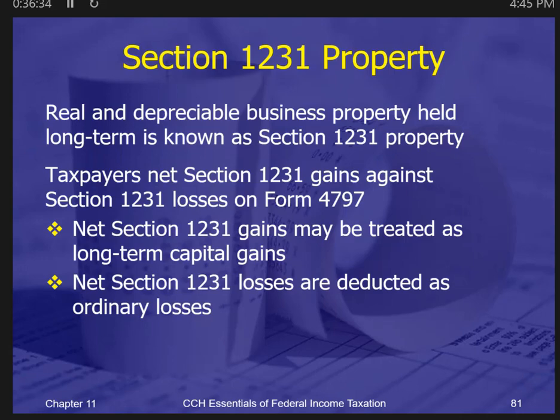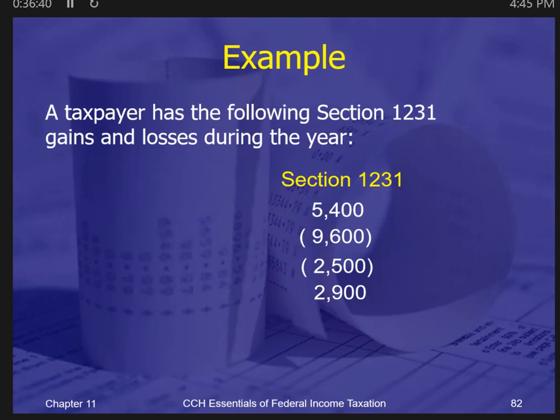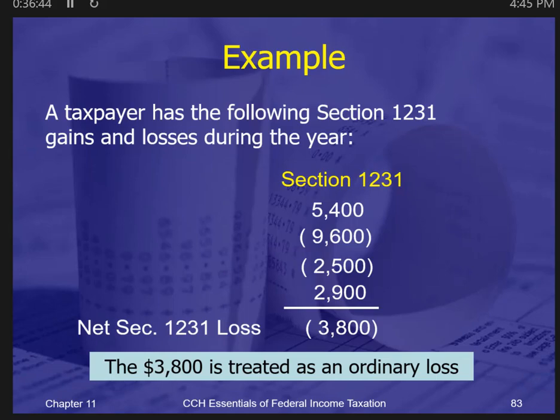Wow, cool. Okay, so of course there are lots of exceptions. But first, how would that play out if these were your gains and losses? You would net them all together and you'd find out that that was $3,800 and it would be treated as an ordinary loss, which means you could deduct all of it, not just the $3,000.